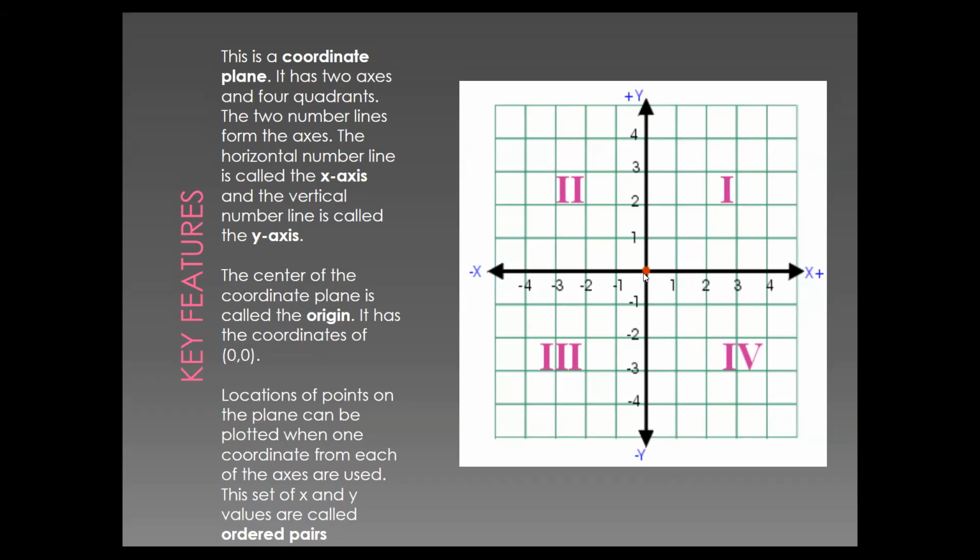On X first, that first 0 is how far we go on X. The second 0 would be how far we go on Y. Well, we don't go anywhere from the origin when it's 0, 0. But the ordered pairs will follow that, any other points that we plot on here. And we're going to look at a bunch of those here in a minute. Anybody got questions so far?